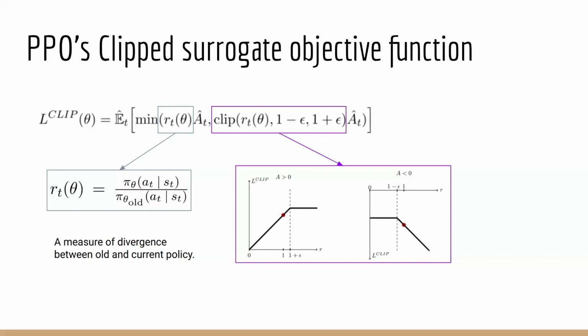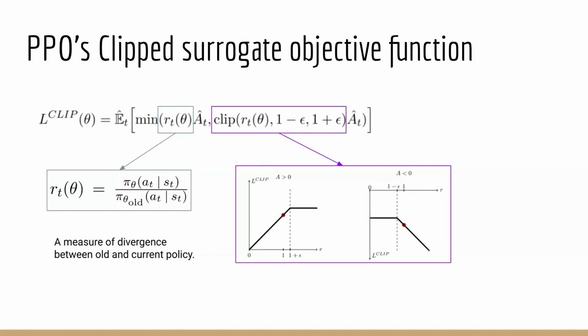On the other hand, we want to take the minimum value of this ratio times advantage and the clipped ratio times the advantage, because without such a constraint, if the action taken is much more probable in our current policy than in our former policy, then this would lead to a significant policy gradient step.